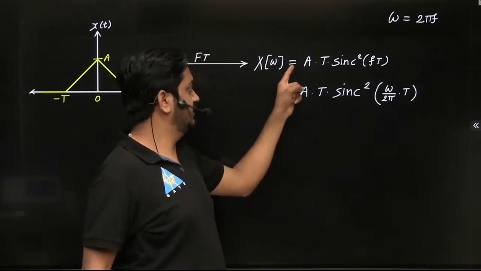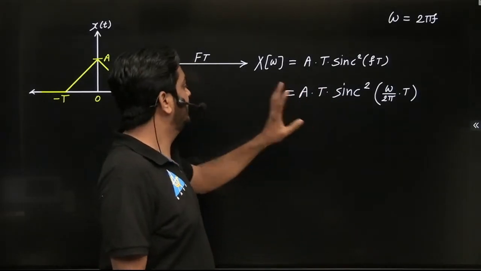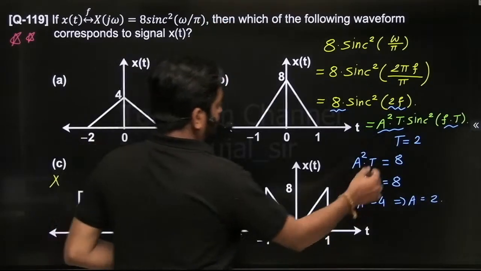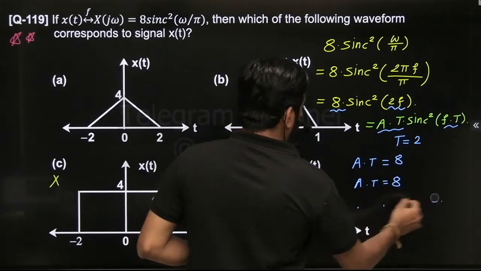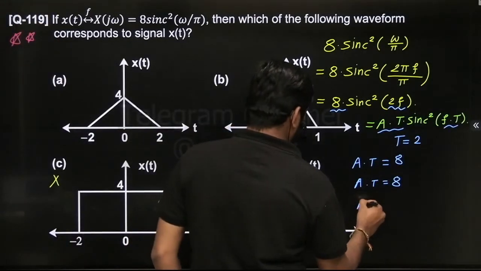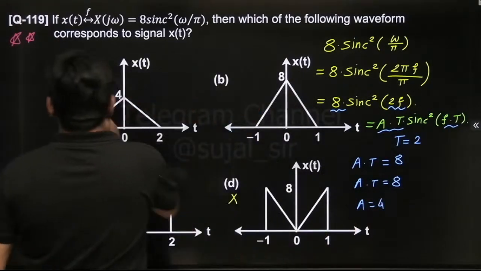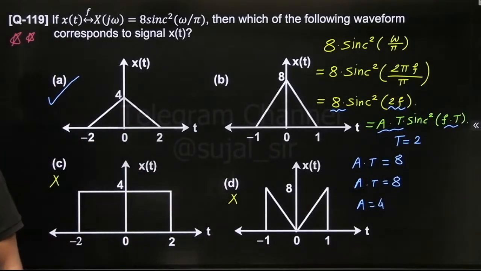Remember this thing, it is A T sinc square fT, so here not A squared, my mistake. That's why A equal to 4, guys. So here A is equal to 4, that's why option A is the correct answer of this question.